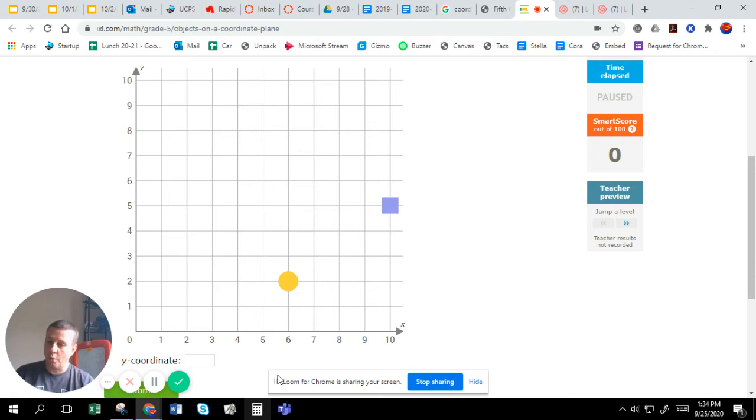So if I'm at the origin at 0, 0 and I want to get to the yellow, I would have to move over to the right 1, 2, 3, 4, 5, 6 spots. So I could tell someone, go right 6 spots or 6 blocks or whatever you want to refer to it as, and then go up 1, 2 blocks. Okay, so that would be my directions from the origin to the yellow one.